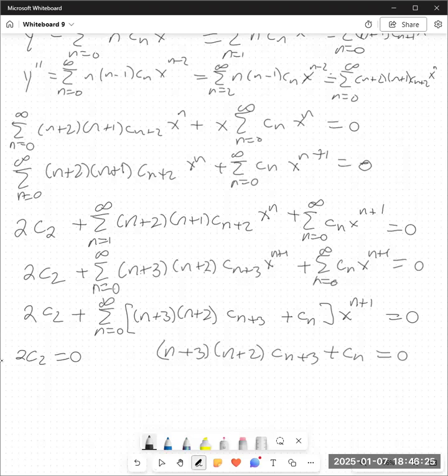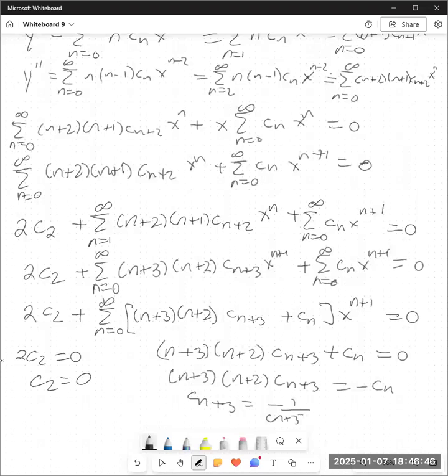We're not letting x be 0. That's silly because we centered it at 0; we know it would be 0 there. That's not an interesting solution to us. So (n+3)(n+2)c_{n+3} equals negative c_n, so c_{n+3} equals negative 1 over (n+3)(n+2), c_n.